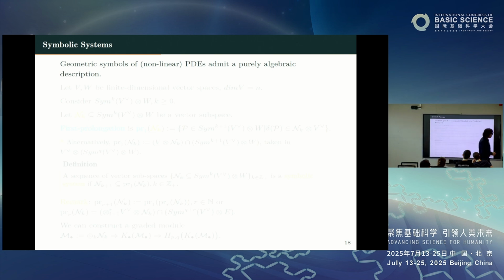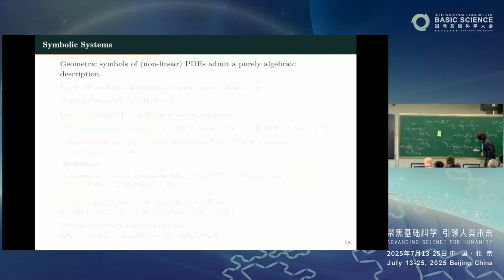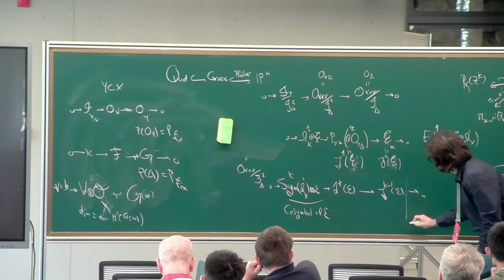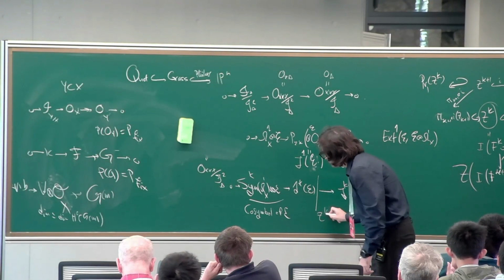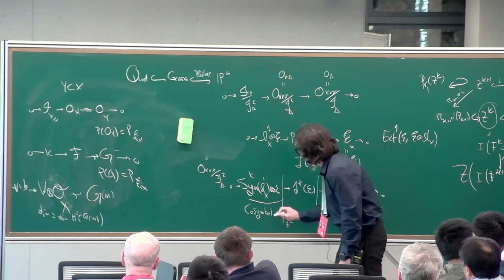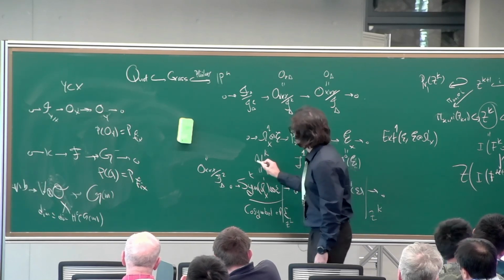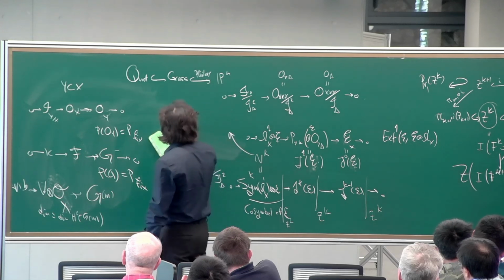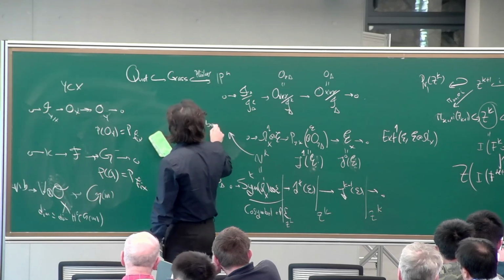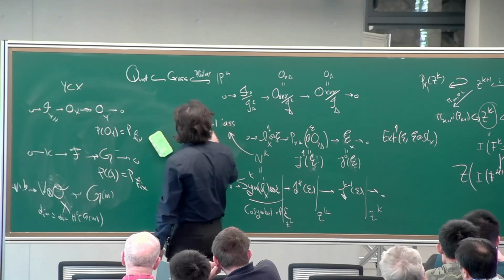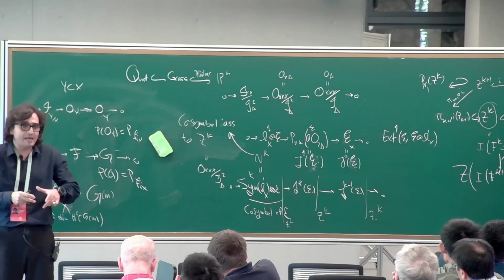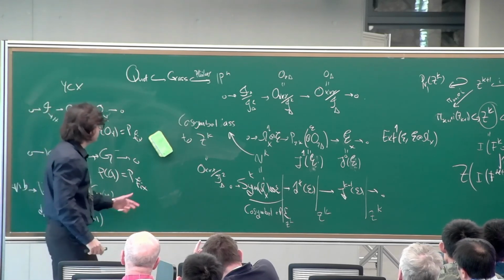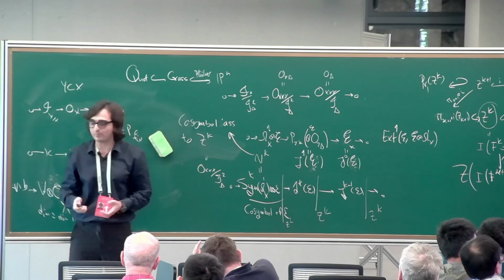So this was the symbol of E. If I restrict these guys to the solution spaces, like that, this I'm going to call N_k, and I'm going to call it the co-symbol associated to Z_k. So you have a co-symbol of the ambient jet bundle, and you have a co-symbol of the solution space sitting inside that ambient jet bundle.